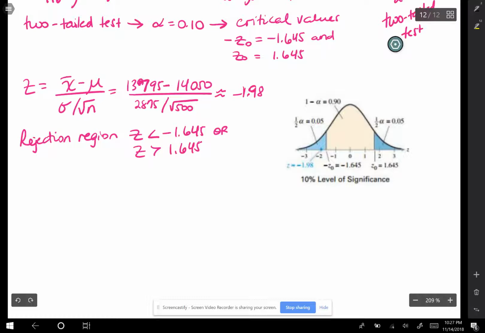So our rejection regions are anything to the left of negative 1.645 or to the right of positive 1.645. Our value is less than negative 1.645, and they even put it here on the little graph. That would be about right there for the negative 1.98. And so it is in the rejection region.